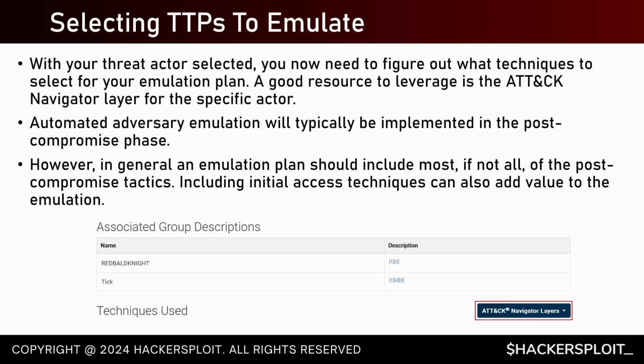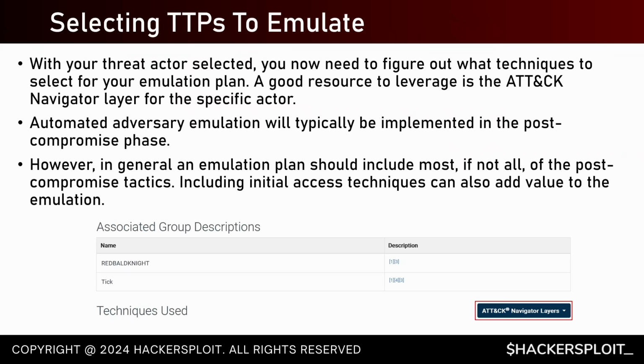We're now assuming that you've selected the group you want to emulate. Now you need to select the TTPs. Luckily for us, in most cases, all groups cataloged on the MITRE ATT&CK website under the group section have a MITRE ATT&CK Navigator layer. If you're not familiar with the ATT&CK Navigator, take a look at the video that introduces you to the MITRE ATT&CK framework, as well as the Navigator, within the Red Team playlist.